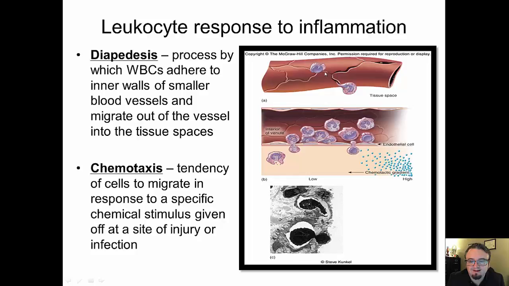So the vessels, I mentioned, are kind of connected like puzzle pieces here. And as they dilate, these white blood cells can literally crawl through them, travel out of the vessels and into the tissue around them. And that's ultimately how they get from the vessels into the tissue. So that's called diapedesis.